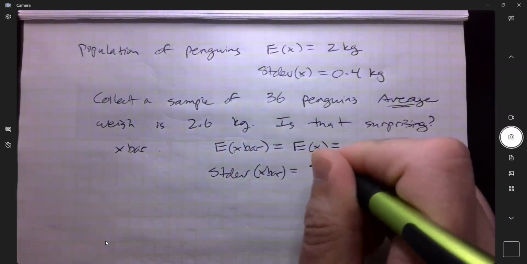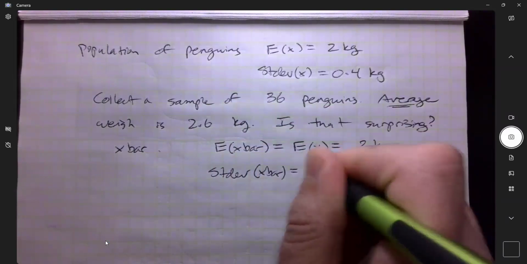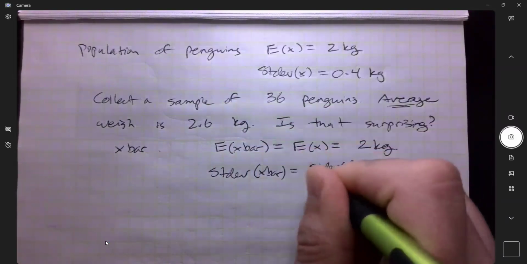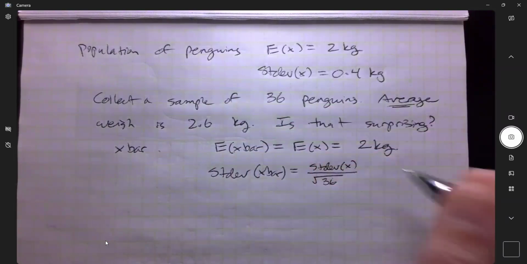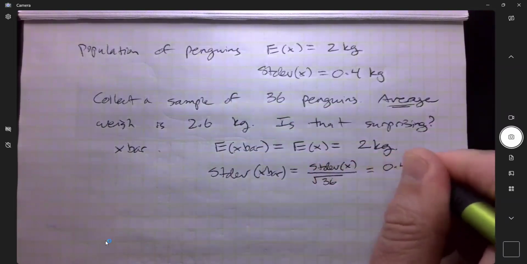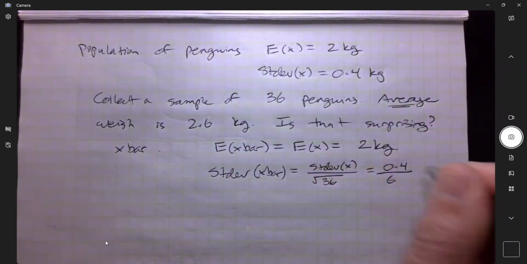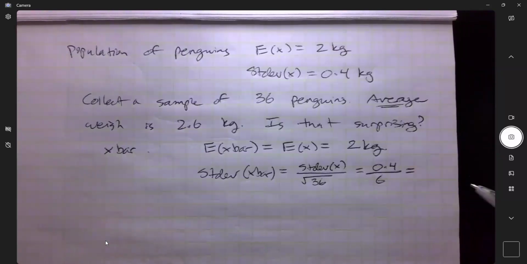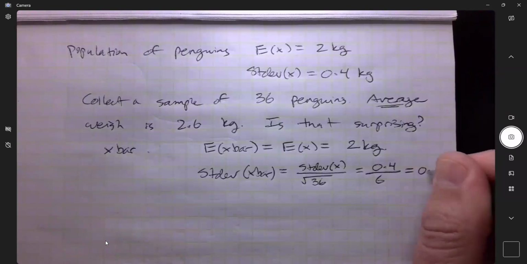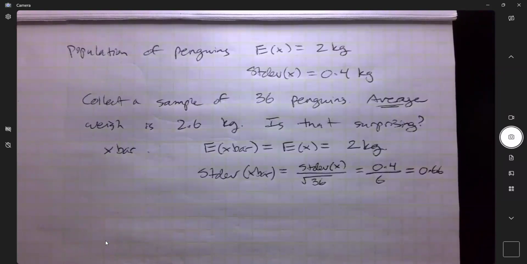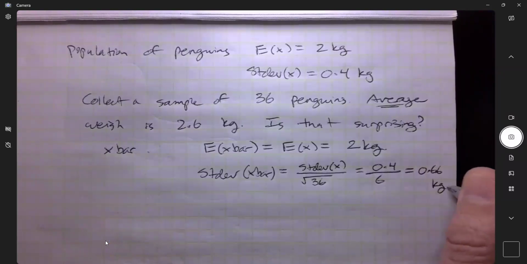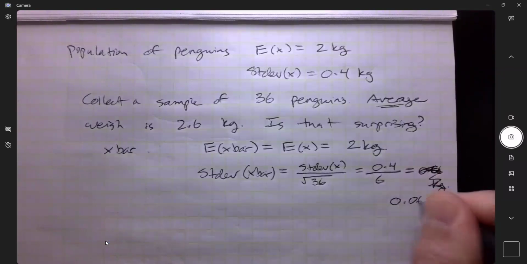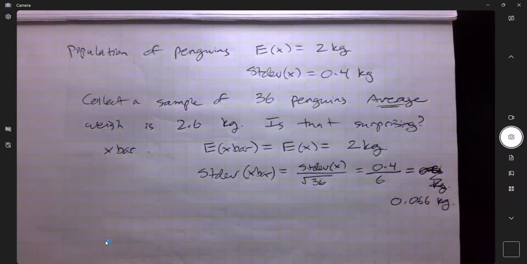It should be the standard deviation of the X, but divided by the square root of the sample size. So it should be 0.4 divided by 6, which is close to 0.7. It's like 0.66. Yep, 0.66 kilograms. 0.066 kilograms.